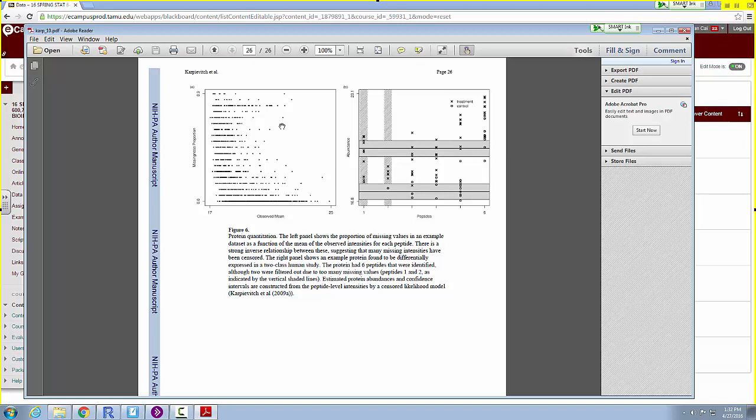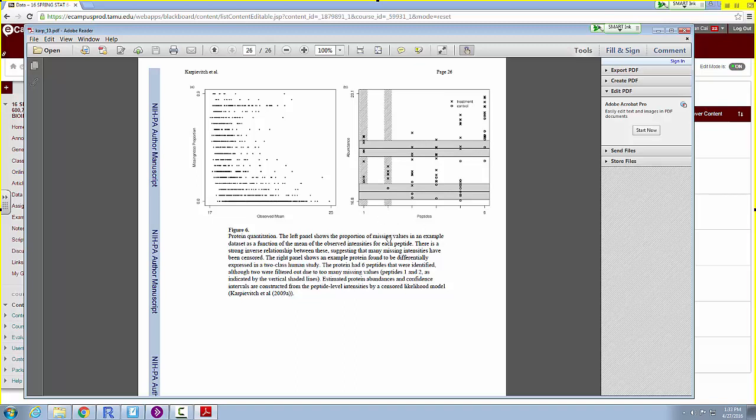So for a peptide, let's look at this peptide. I'll be done in 30 seconds. While some of them had like 20 observations, this peptide seems to only have like 6, and only one of them was from the control group. The other ones, the chemist would say, are probably down here. They were too low to be detected.